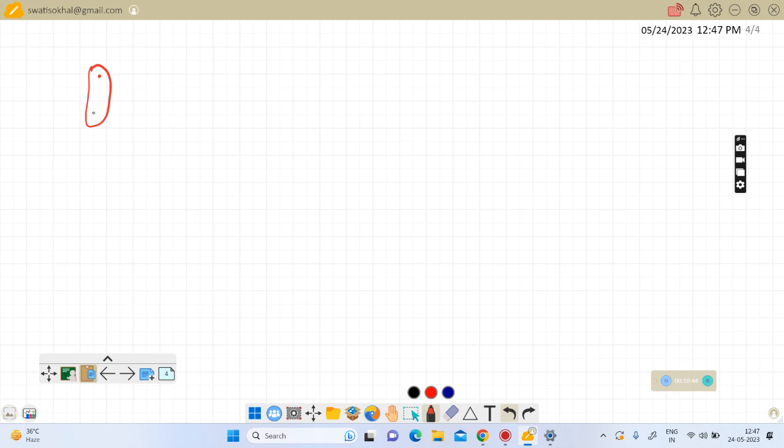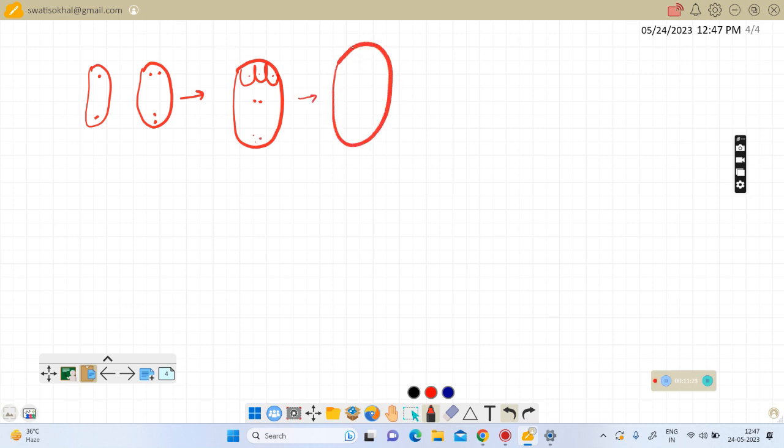First, it is converted into two nuclei, then into four nuclei, then, beta, into eight nuclei, and cells are formed. Three antipodal cells will be formed. Two nuclei will move inside; they are called polar nuclei. And, beta, three nuclei come here and get converted into two synergids and one egg cell.